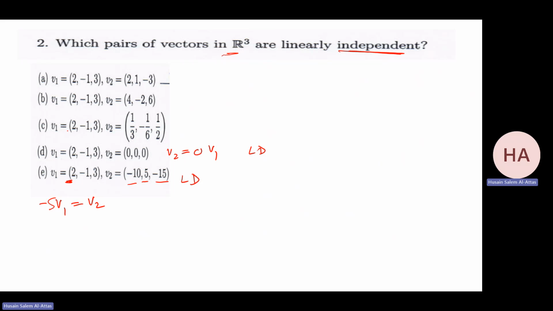This one, I think I need to divide by 6. If I divide by 6, I have 2 over 6, 1 over 3. This is -1 over 6. 3 over 6 is half.